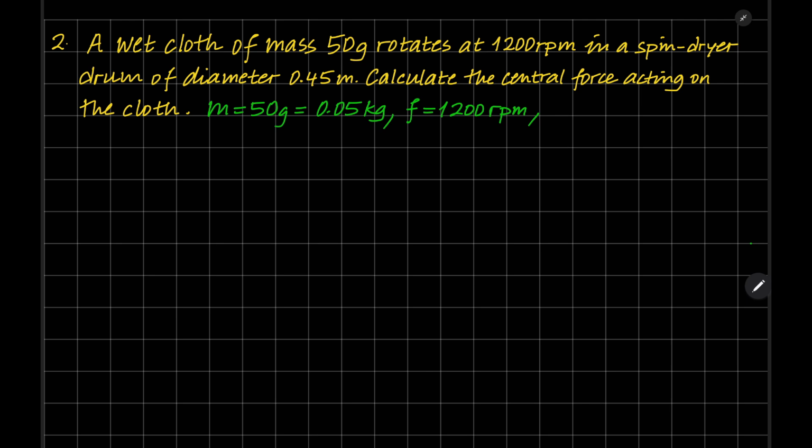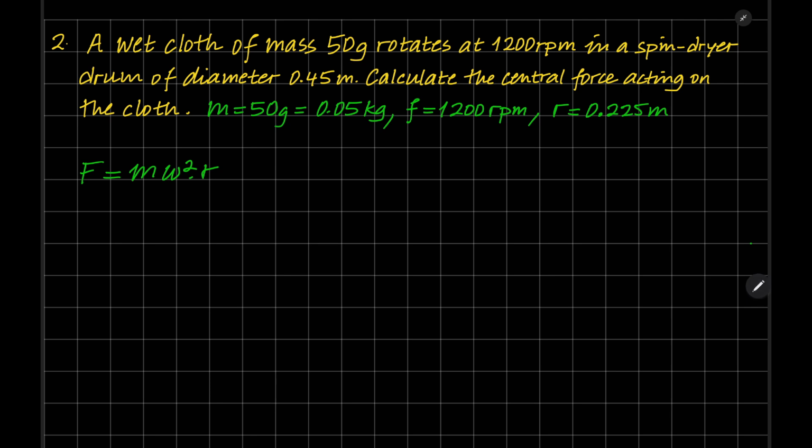Since the diameter is 0.45, the radius is half of it, 0.225 meter. And the central force acting on the cloth will be equal to mass times angular velocity squared times radius.